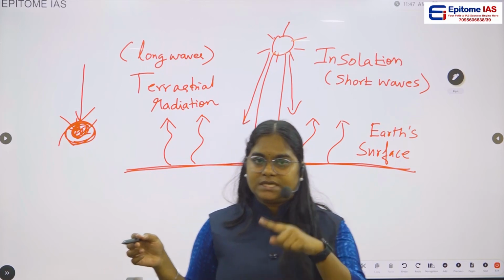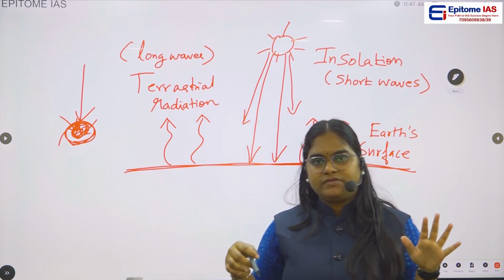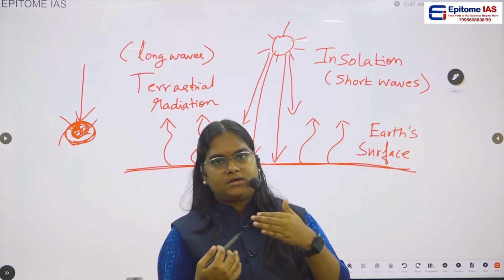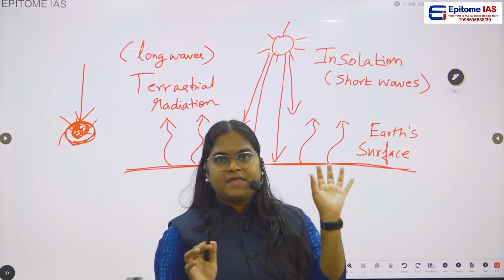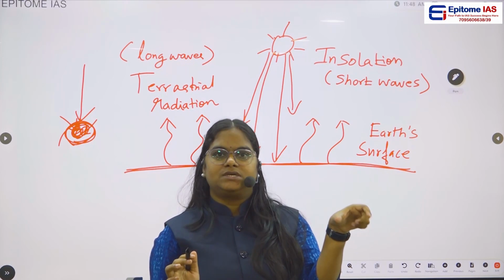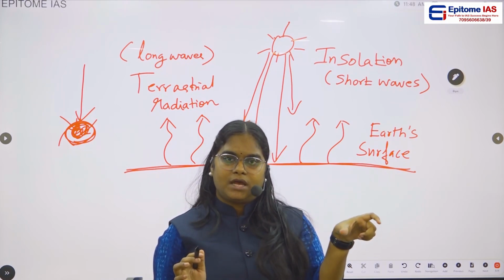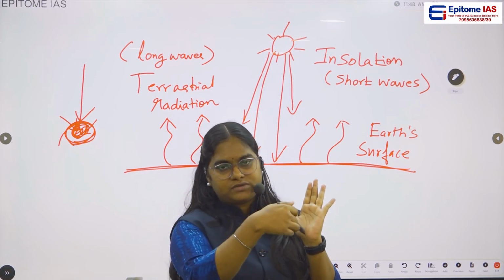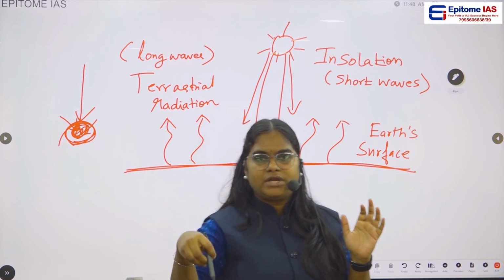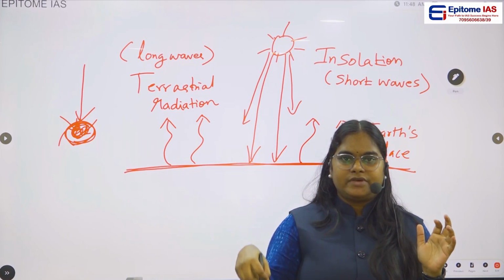In the first case we saw reflection. In case of reflection, the total incoming solar radiation is reflected back. In that case, the atmosphere is not heated up, and the incoming solar radiation is not able to reach the surface of the earth.